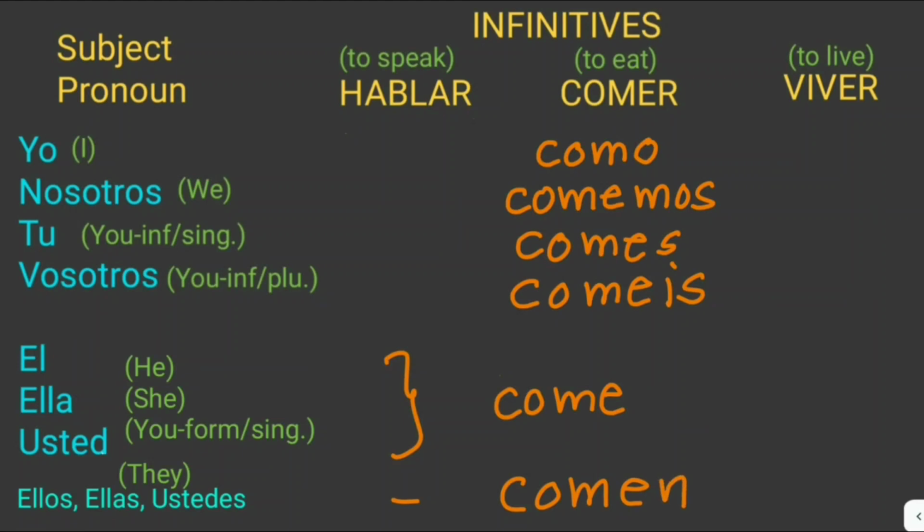Have you noticed the changes here? For er, we just change it to o, emos, es, éis, e, en. So that would be I eat, yo como. We eat, nosotros comemos.